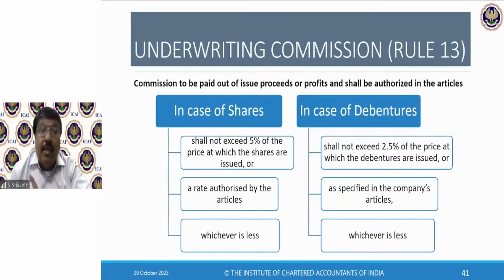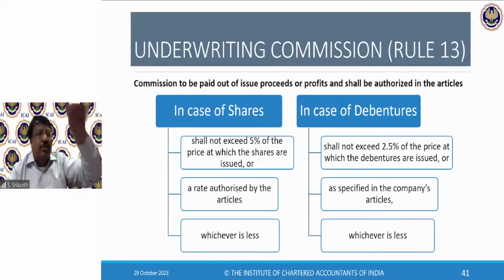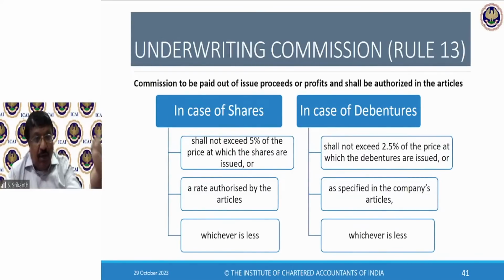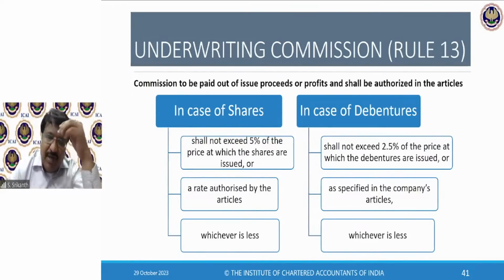Price, P-R-I-C-E, not face value, the price at which the shares are issued. Or, in case your articles of association prescribe a rate. Suppose in your articles, there is a clause which says the company is authorized to pay underwriting commission on shares to the extent of 4%. Then 5% or the rate authorized by the articles, whichever is less. Please remember, whichever is less.